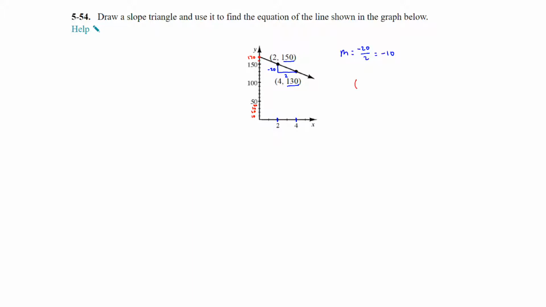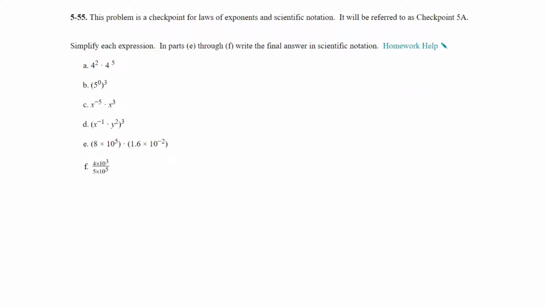So therefore, with the y-intercept being at 170, our equation is y equals negative 10x plus 170. Now, if it didn't intersect nicely on the y-intercept, we could use the slope that we found using the triangle and a point to be able to find the y-intercept exactly.